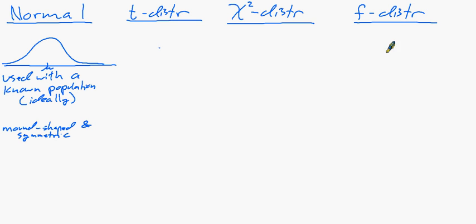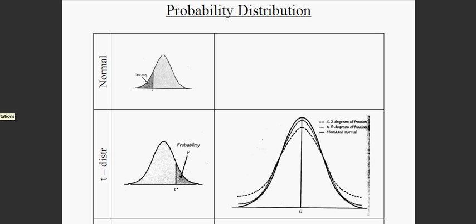Now for the t-distribution, let's start by looking at another page. So here is our normal distribution that we're familiar with. Now the t-distribution looks a lot like the normal distribution, doesn't it? It is a different shape, though, mostly. And over here is a nice comparison.